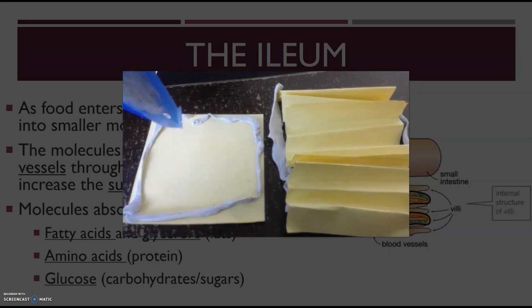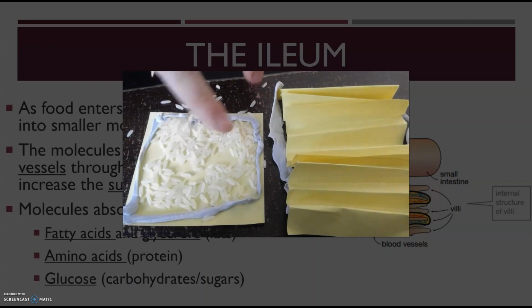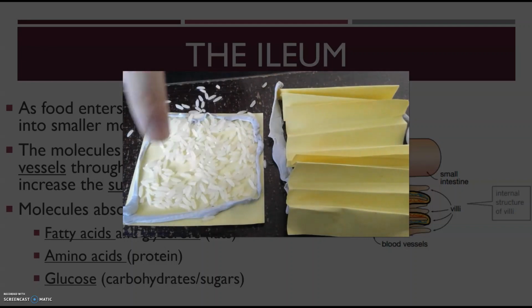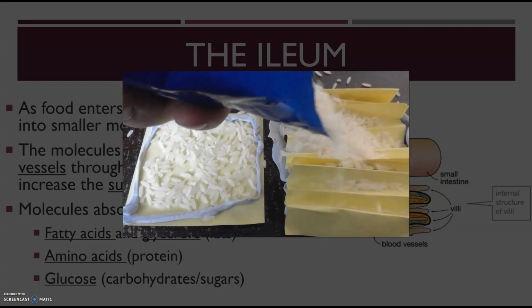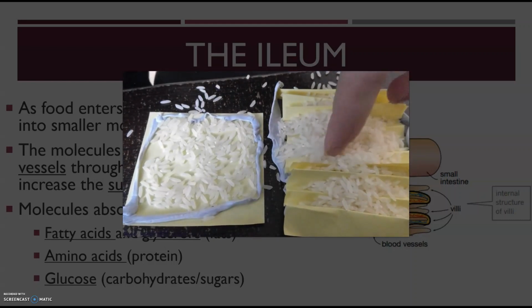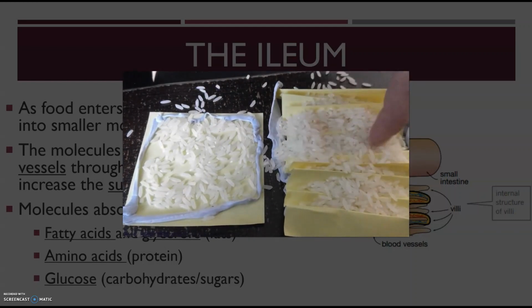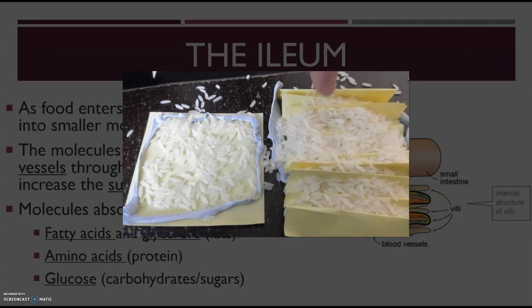So if I pour a little bit of rice on this plate, and I spread out the rice, making sure every grain of rice touches the surface, and then I pour some rice on this one, there's a lot more area for the rice to attach itself to the surface in this one than there is for this one.